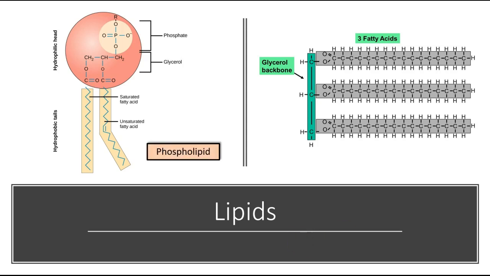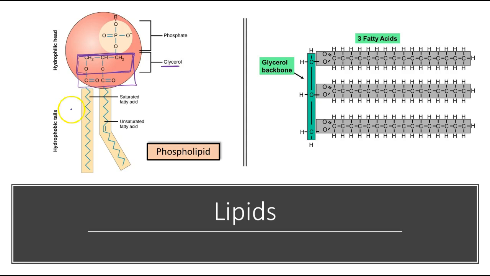Okay, and so if we focus on the phospholipid, which is the structure on the left, a phospholipid is made up of the same chemicals as a triglyceride, in that you will see a glycerol, which is found here, and it's made of fatty acid chains.